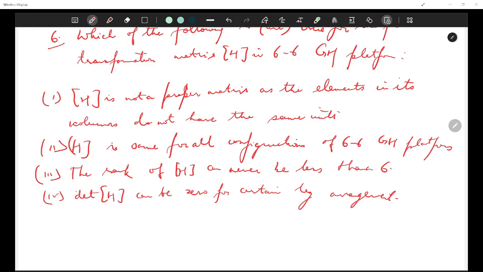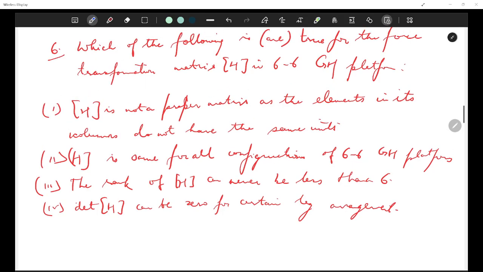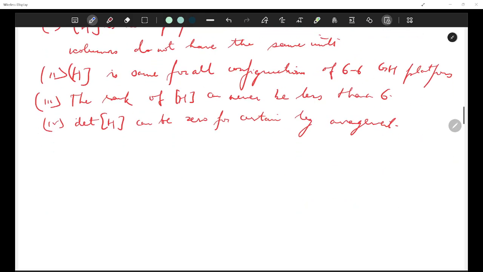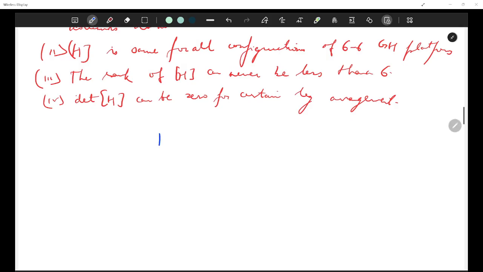It's just talking about this force transformation matrix, and let's go through the options one by one. Okay, so first, what does H represent? So we already saw F M transpose is represented by H into F, where F is the leg axial forces.